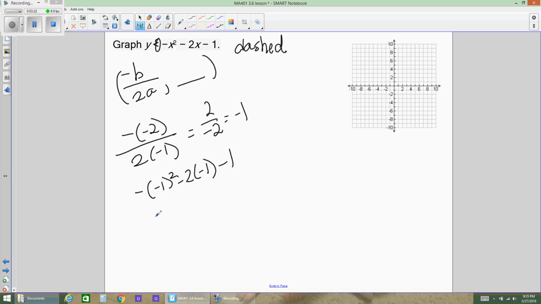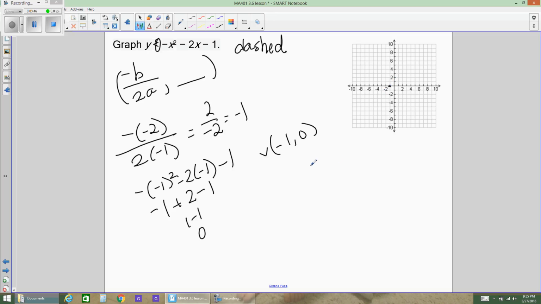Negative 1 squared is 1, but there's a minus out here, so I have negative 1 plus 2 minus 1. And negative 1 plus 2 is 1, minus 1 is 0. So my vertex is negative 1, 0. It's right here.